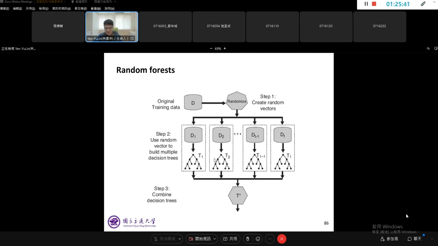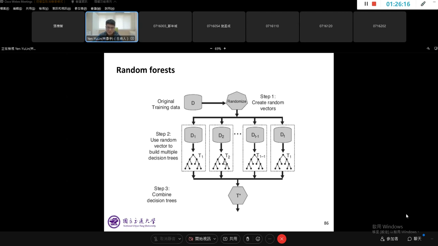The same random process is applied to each decision tree. So as you could see, the diversity among the constructed decision trees is increased. This is an important property. Theoretically, for an ensemble method, we want to construct powerful individual models.